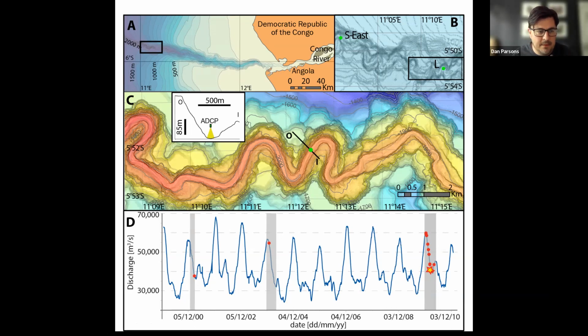I can't quite recall the seawater depth, but it was about 85 meters off the sea bed in the middle of the channel. The beams were down. Remember, the ADCP is an underwater speed camera, and we put it on a mooring line, and then a series of flow events came down through the system over the deployment time, and we were able to take measurements of when these happened and what the velocity patterns of these flows moving down through the Congo system were.